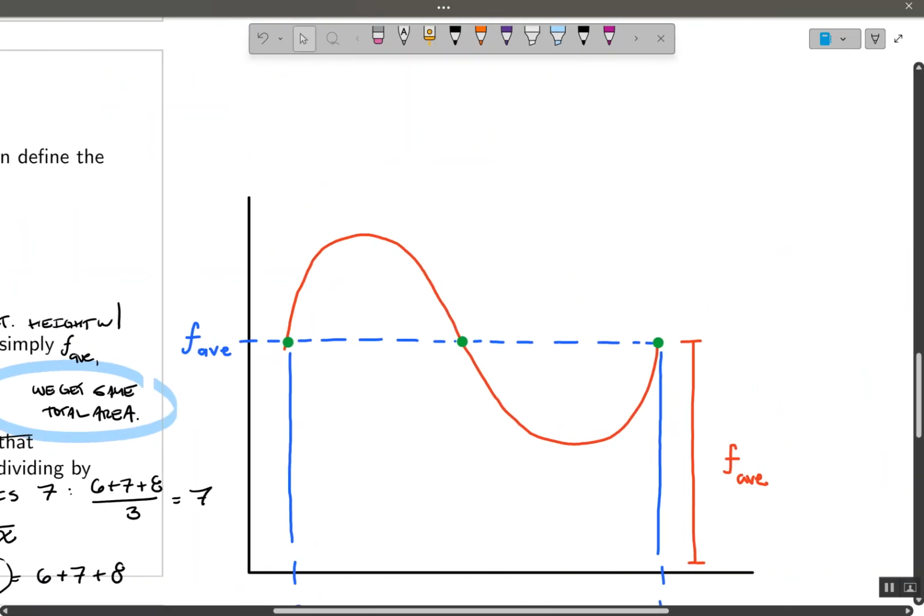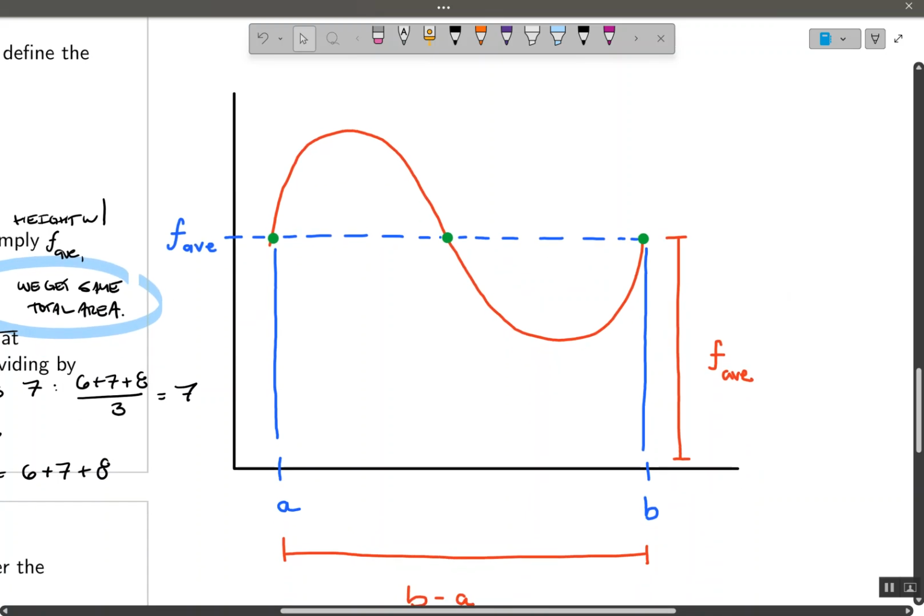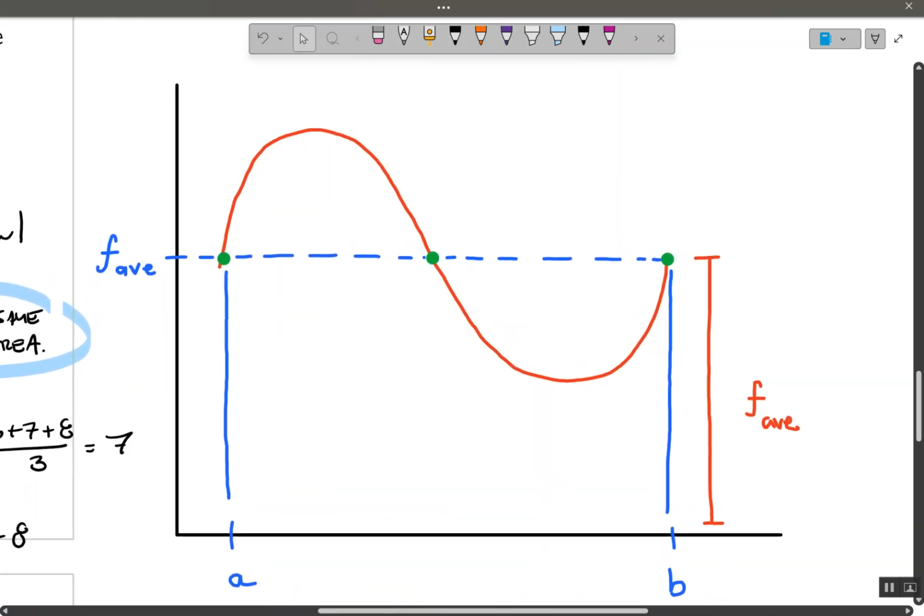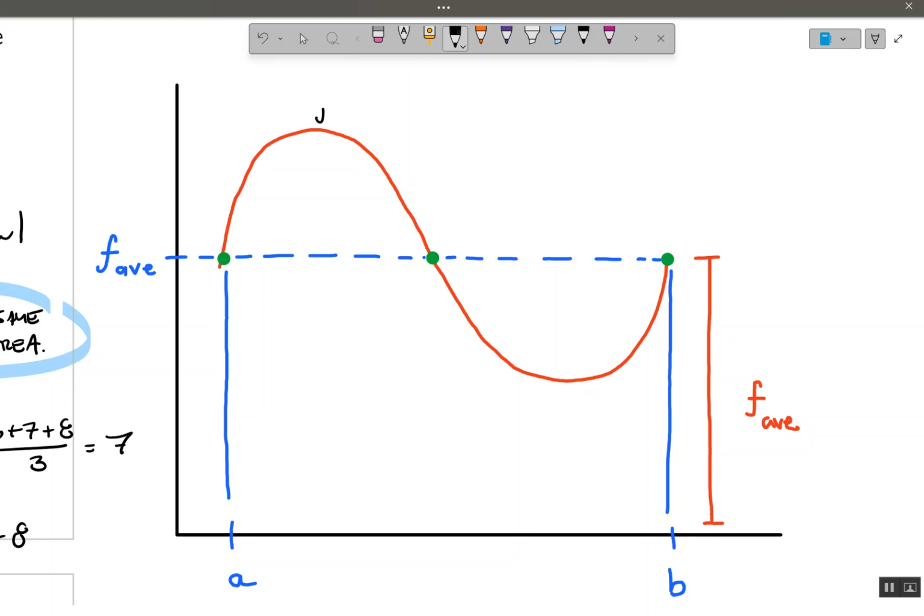Let's look at a picture. Here, let's look just at the red. This is a function whose name is f.